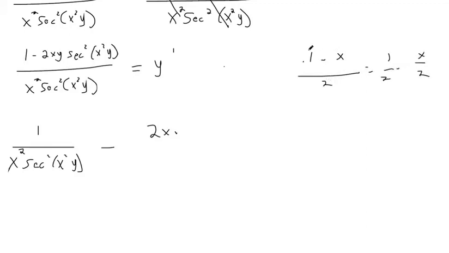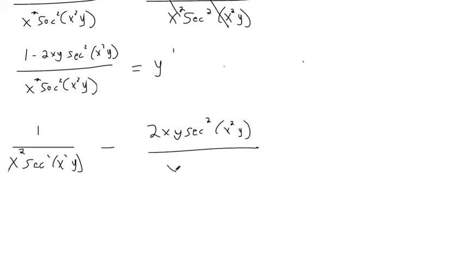You can break up that denominator to both terms. That's all I'm doing here. So this is 2xy secant squared x squared y all over x squared secant squared x squared y.